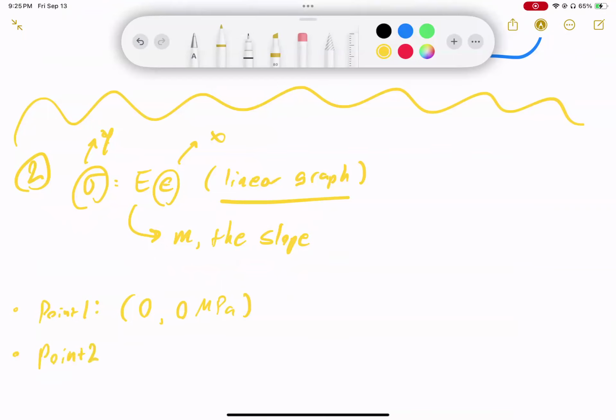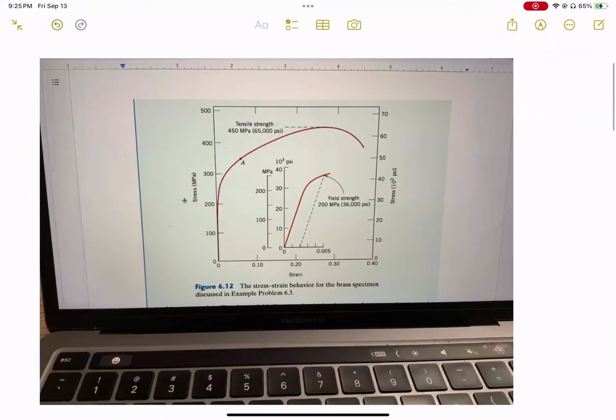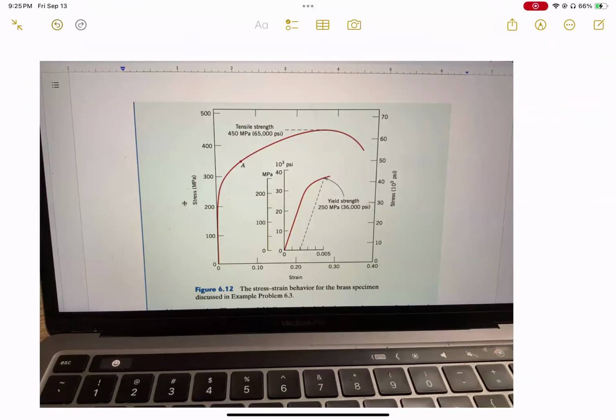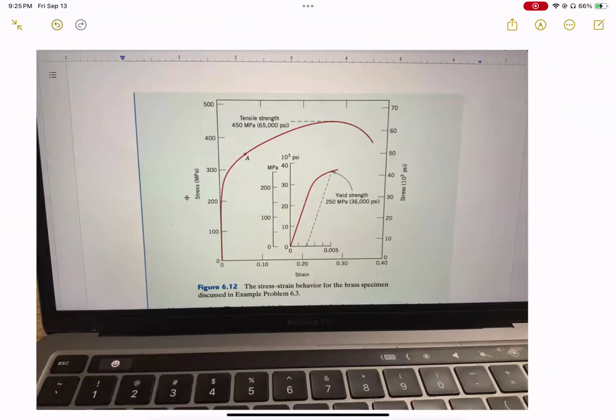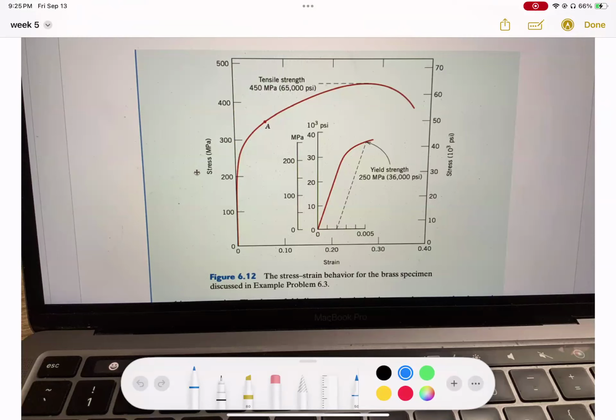So point 2, let's look on the graph for something convenient. Let's see here. So let me label this over here. So this would be 0, 0. Where can I look next? One thing I can do is look at this.